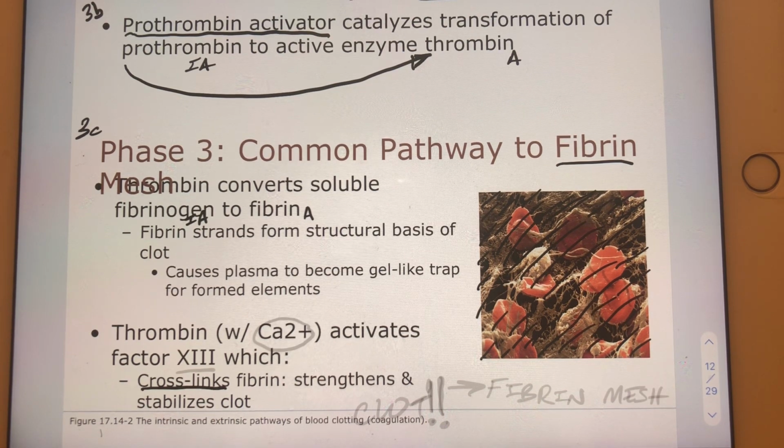And therefore, thrombin is also, not surprisingly, going to, with the assistance of calcium, activate factor 13, and activated 13 cross-links fibrin threads and turns this from some less sturdy parallel strips into a mesh or a network.